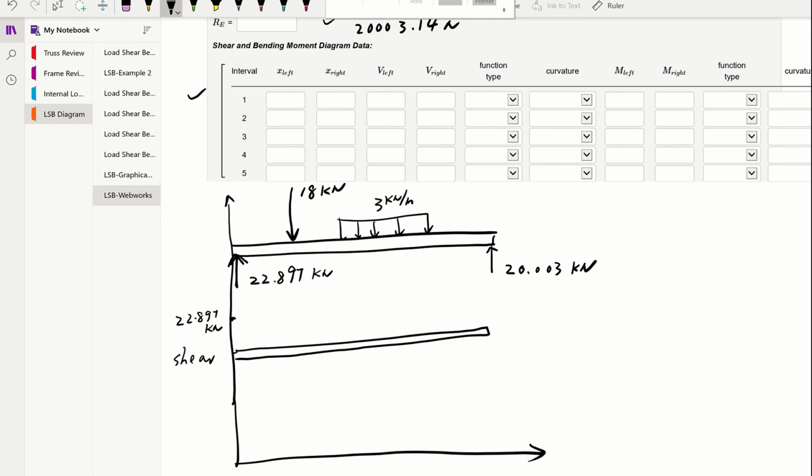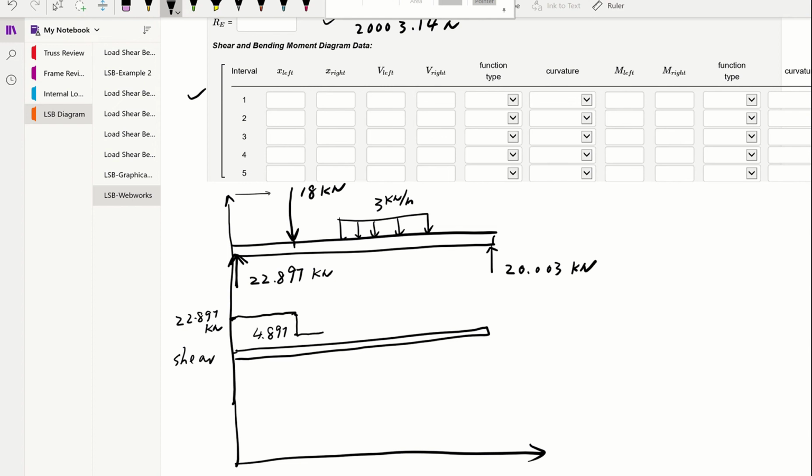Then you move along the beam in this direction. There are no other forces, so it's going to be a straight horizontal line until you are at this point. You drop down 18. So 22.897 drop 18 will give us around here. That's about 4.897, right? That's minus 18.